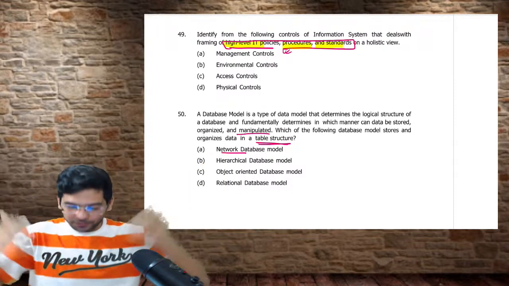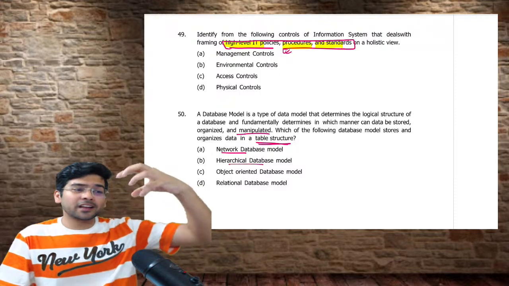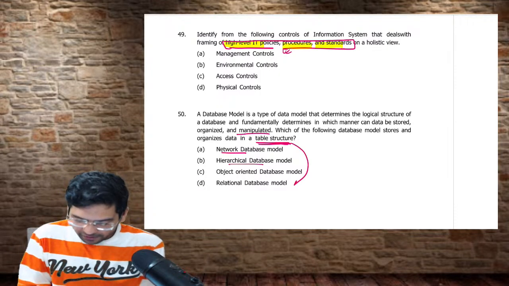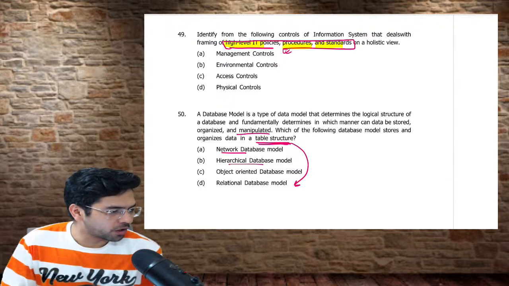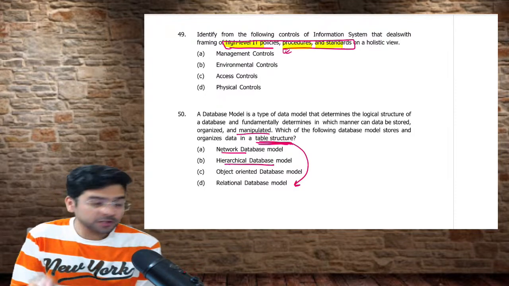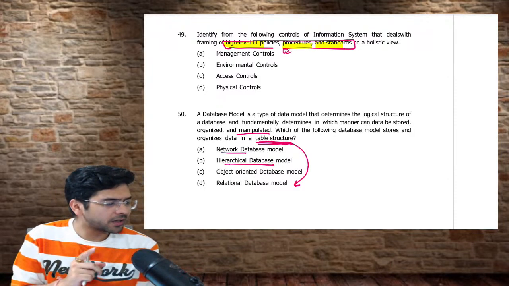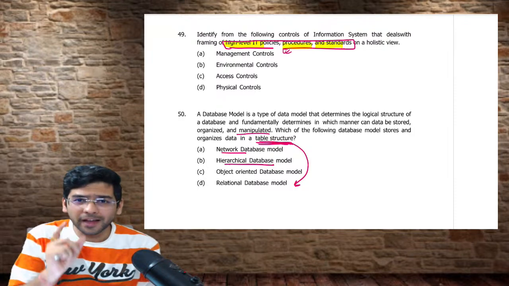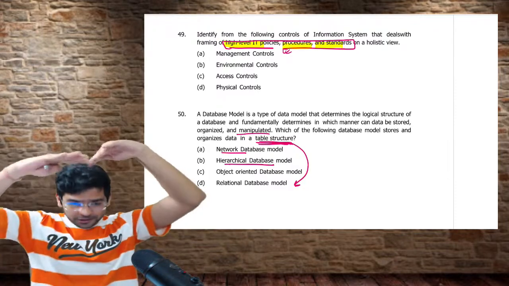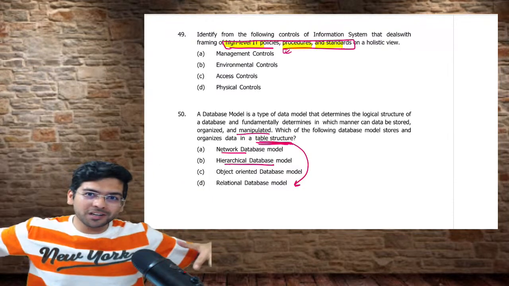Hierarchical database model has an inverted tree pattern. So table structure is basically relational database model. Relational database model is the correct answer. Hierarchical database model is not the correct answer. It starts from the root node and spreads like an inverted tree.